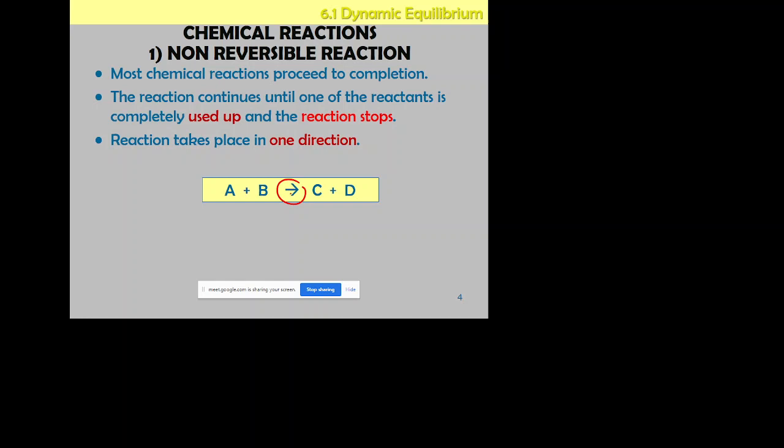Once the A bercampur dengan B has already reacted and become a product of C and D, C and D will not become A and B back. That will not happen. It just forever C and D just will be C and D lah. Okay. So this is one example, is the chlorination of methane.